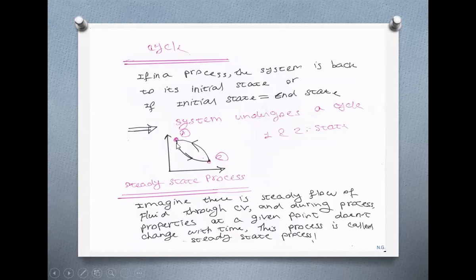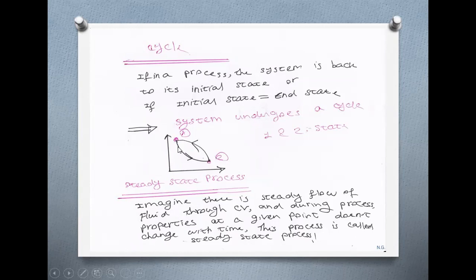So the system goes back to its initial state during a cycle. That's the meaning of a cycle. It consists of processes, and the initial and final state are the same.